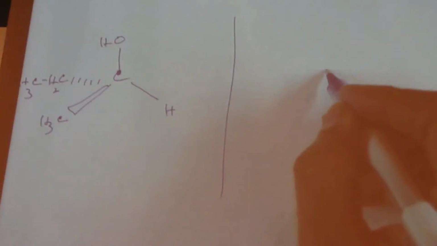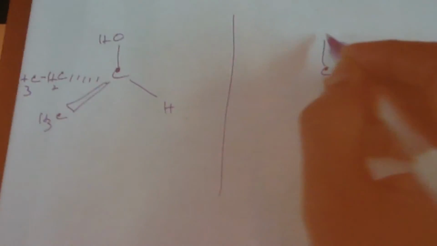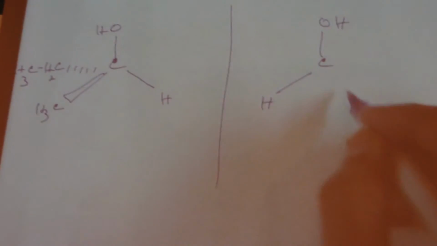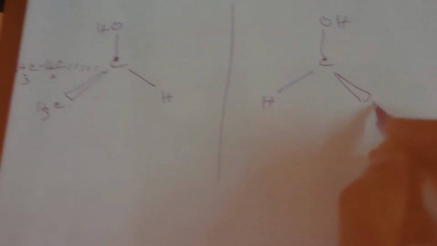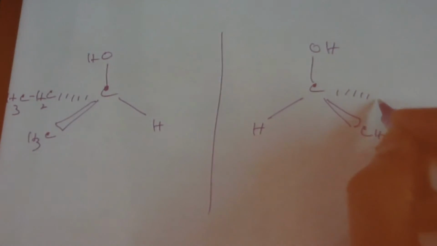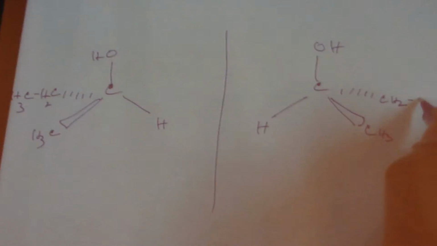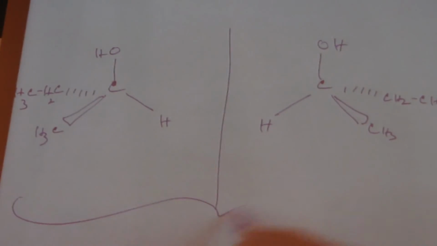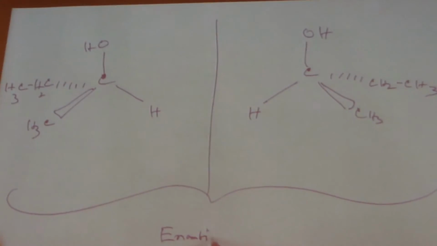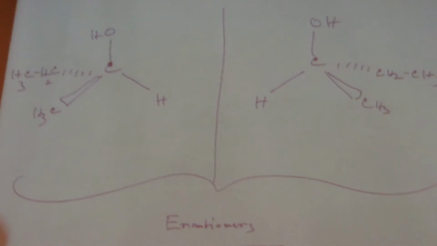And the mirror image structure, and you can write it in any which way you like, but the mirror image structure would be exactly like this. So these two are therefore enantiomers. Okay.